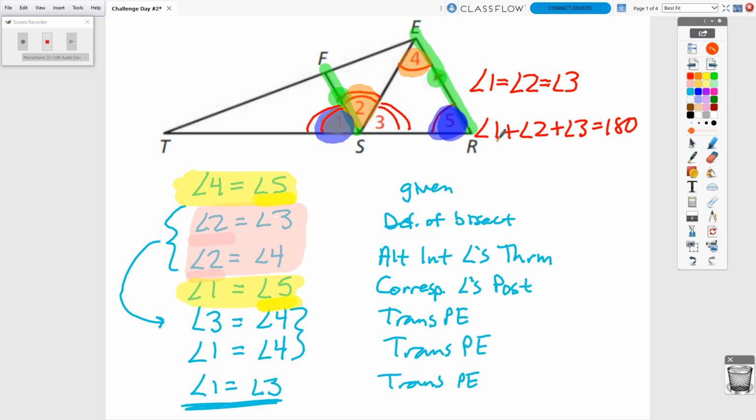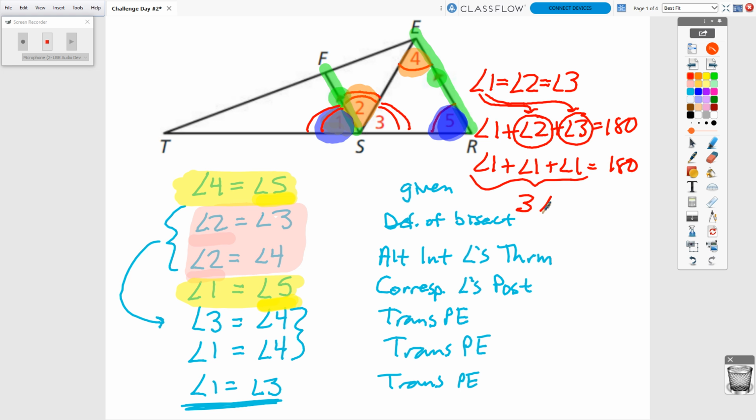So really what we could do is substitute. What could we substitute out angle 2 for? We could substitute it out for an angle 1. What could we substitute out angle 3 for? How about an angle 1? So in the end we've got angle 1 plus angle 1 plus angle 1 equals 180 degrees. Once I simplify this, I have 3 angle 1s equal 180 degrees, and divide by 3, and I actually get a number here: angle 1 is 60 degrees.